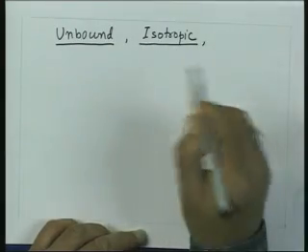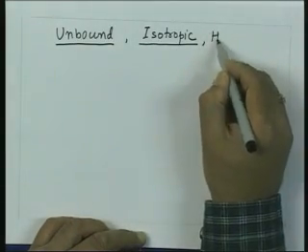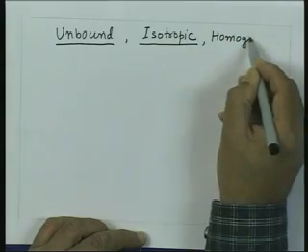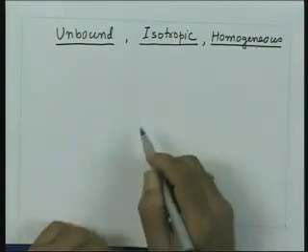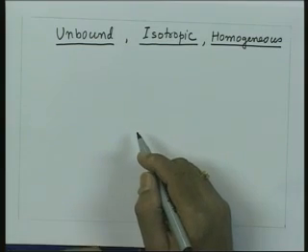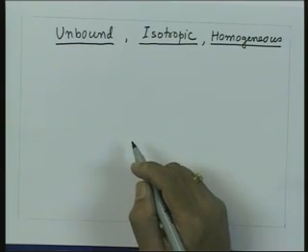We also assume that the medium is homogeneous. That means the medium parameters like permittivity and permeability are not functions of space, and we also assume that there are no charges and currents in the medium.